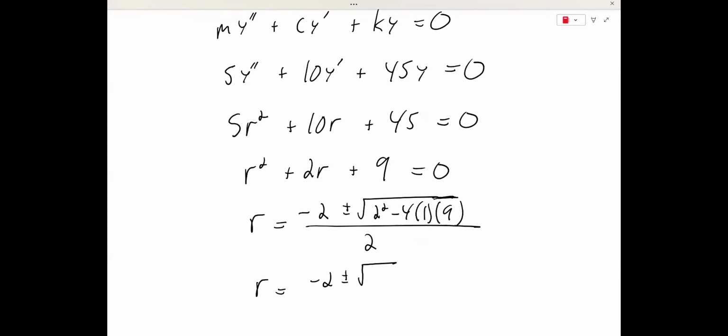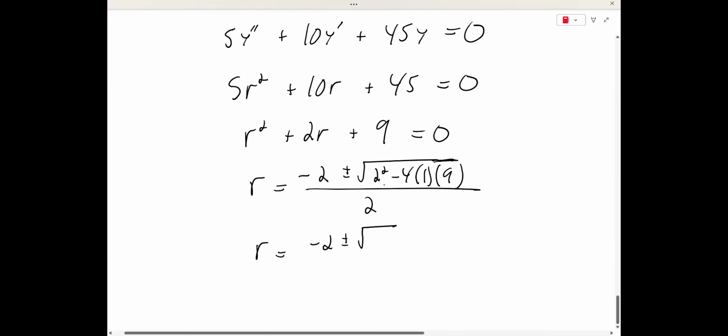Oh, wait a minute. What happened there? Let me check something. b squared minus 4 times a times c. Oh, okay. I guess I'll keep going. This is going to be what? That's -32 here. Is that right? Yeah, it's -32 all over 2.